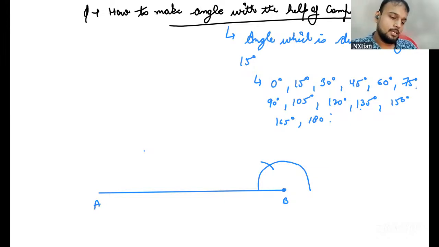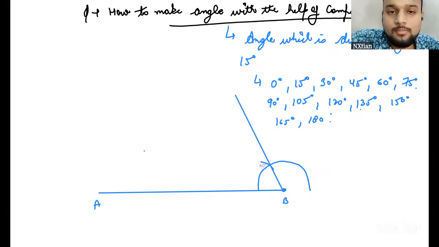Now, remember one thing, guys. When you draw this line and join it with the arc, it will make a 60 degree angle.